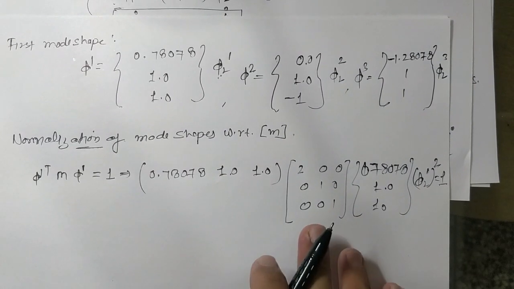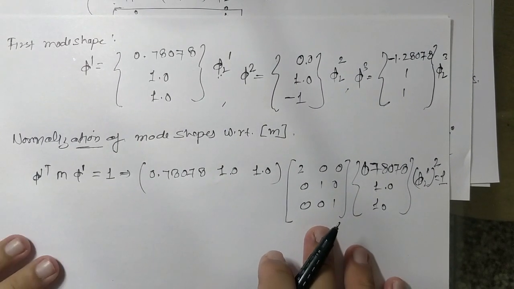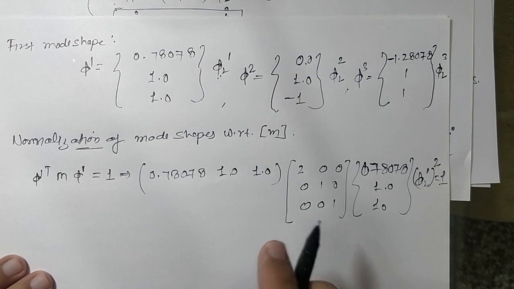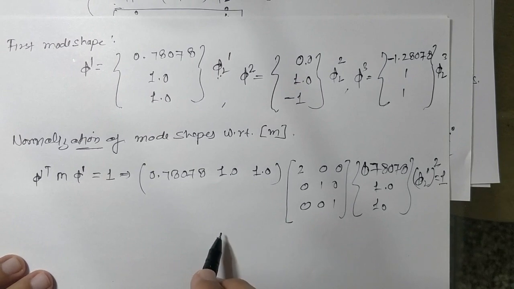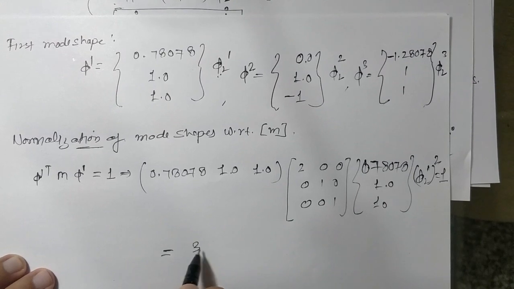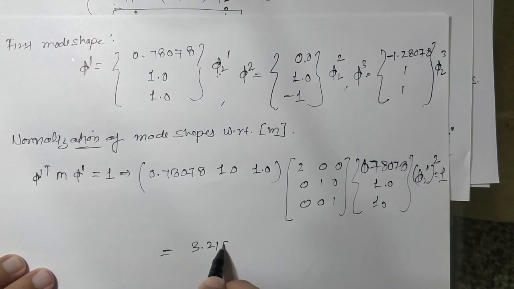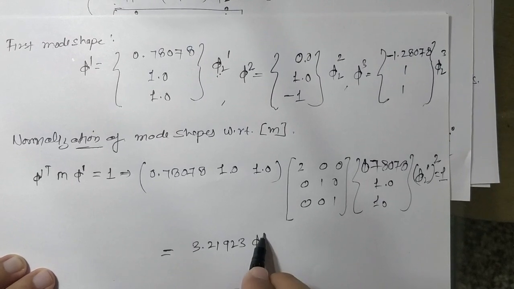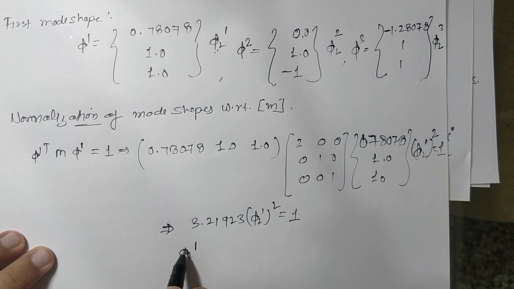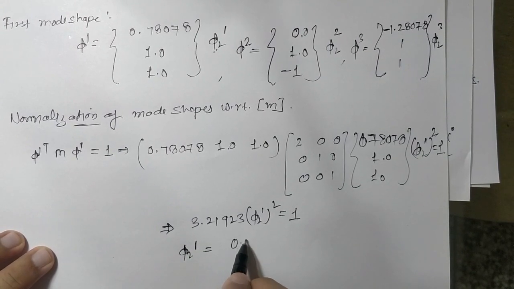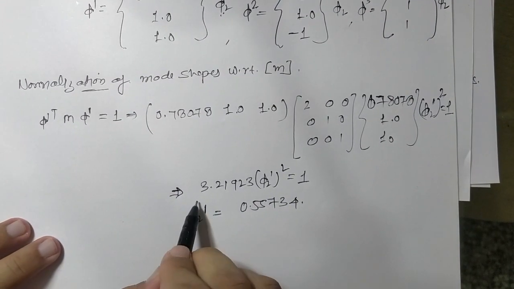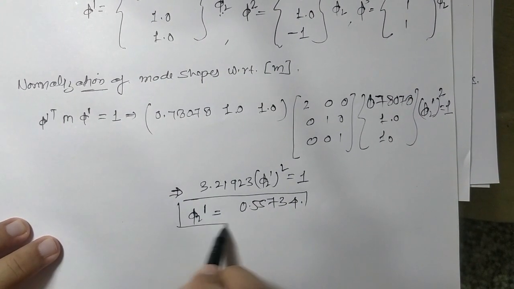So if we solve this, we'll have 3.21923 phi 2 1 whole square is equal to 1, and phi 2 1 is equal to 0.55734. So this is the value of phi 2 1.